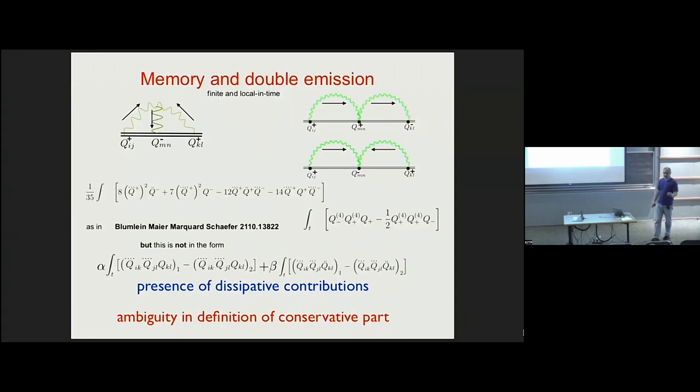That means that this effective action is not purely conservative, and differently from the tail case above, you don't know where the dissipative part is precisely. It is ambiguous, which is the general situation when you have a Noether current which is not conserved.